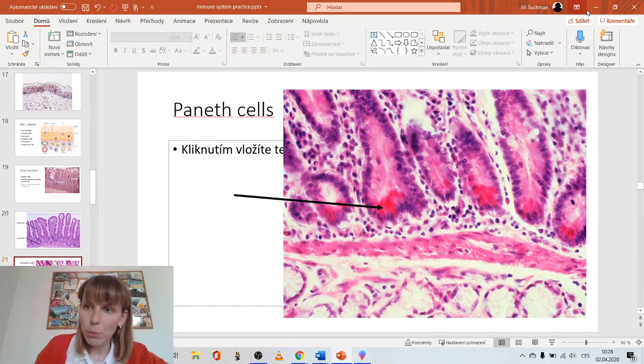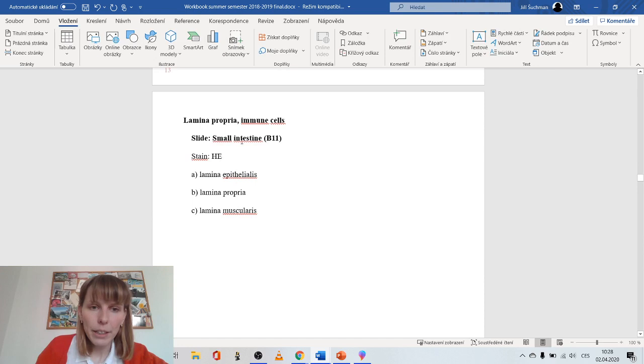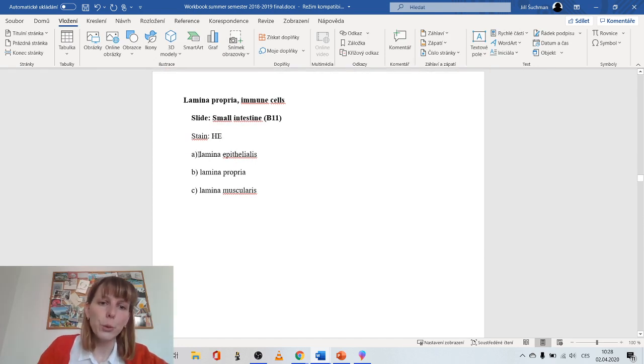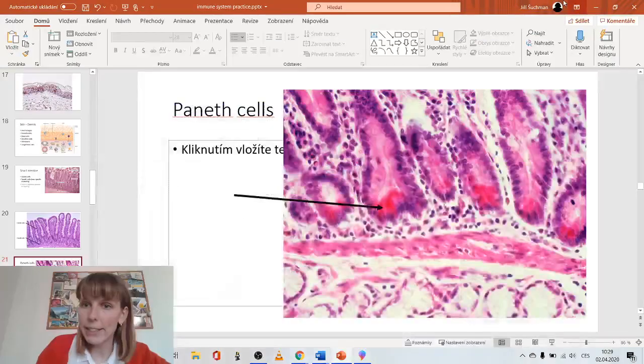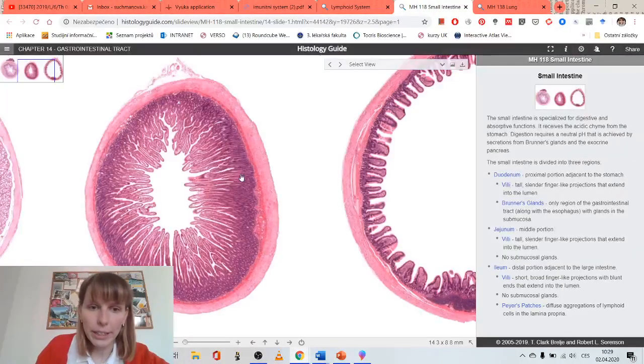So if we take a look at the workbook, we should be able in small intestine to find the lamina epithelialis. That's the simple columnar epithelium, lamina propria, which is the loose connective tissue inside the villi and between the crypts, and lamina muscularis we already know, but let's take a quick look at the histology guide slide of small intestine.